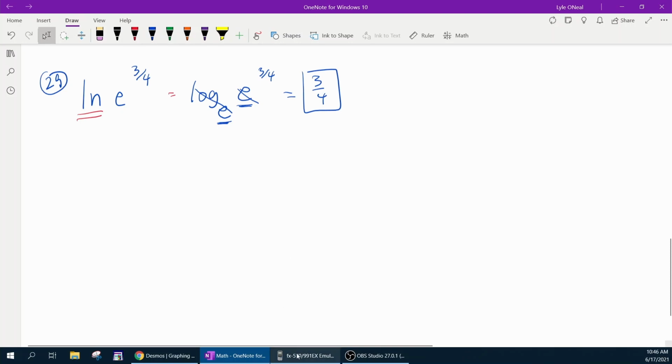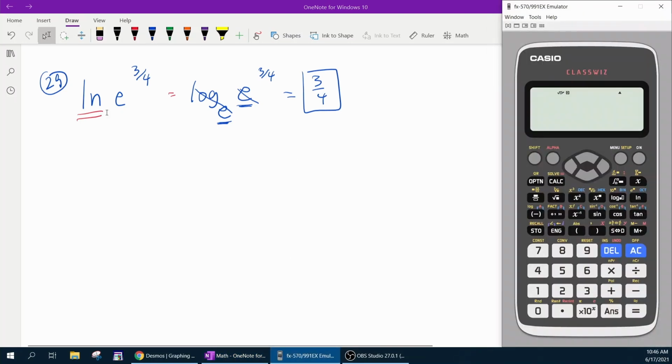And what about the button pushes? On the Casio, we have an ln button, natural log of, and then how do we get the e? Well, that's going to be shift ln. Gives us the e to any power. Oh, and we have a fraction button, so we can make it e to the 3/4. Move over twice.